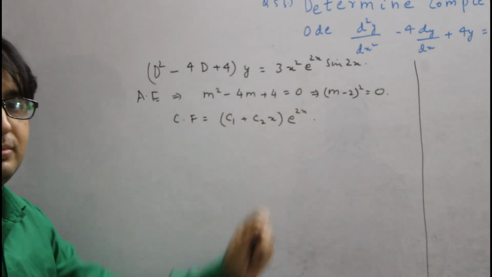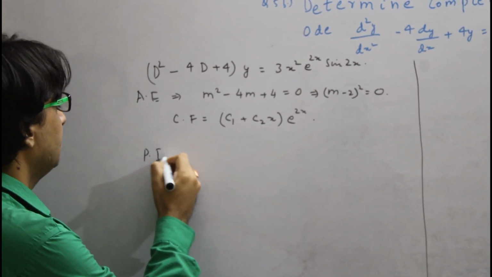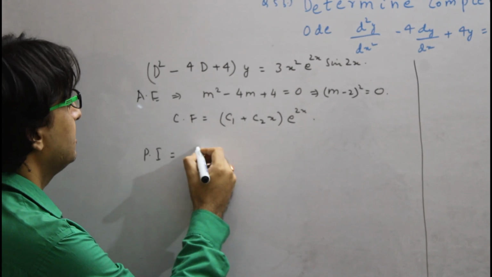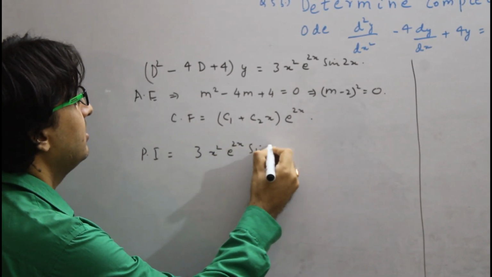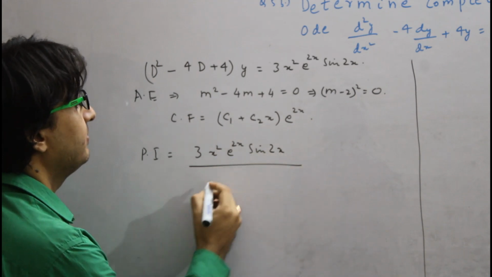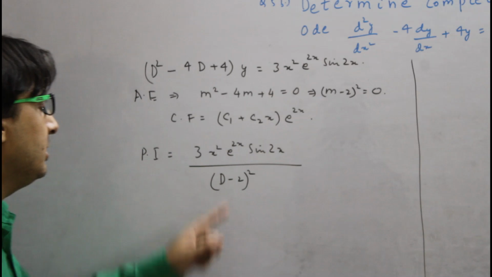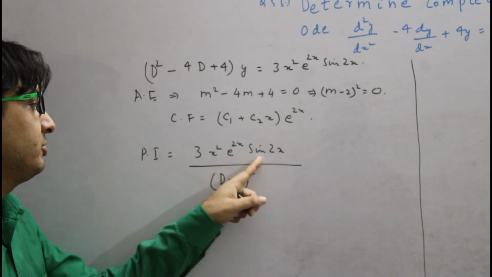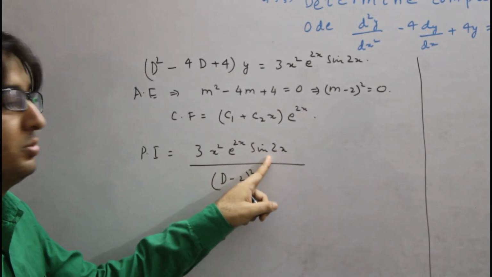Now we have to find the particular integral. So particular integral can be written as 3 times x square e to the power 2x sine of 2x divided by (D minus 2) whole square. Now here we have 3 functions: algebraic, exponential and trigonometric.